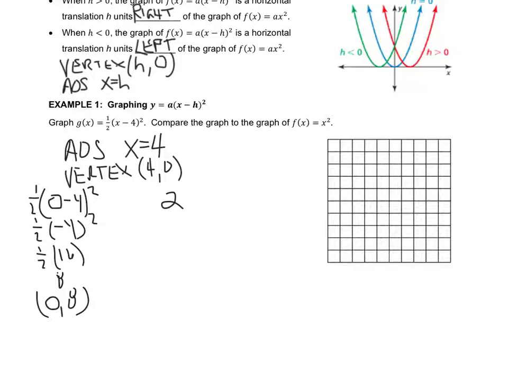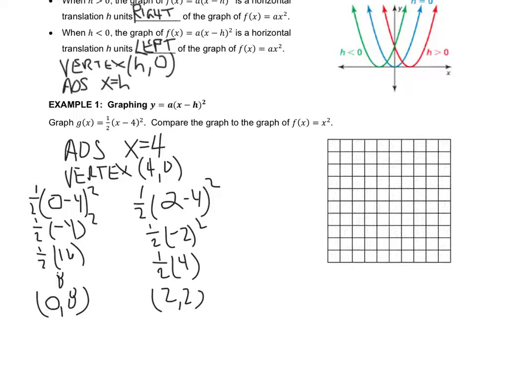Looking at the other side, when 2 goes in, I'm going to get 1/2 times negative 2 squared, which is 1/2 times 4, which is 2. So when 2 goes in, 2 comes out. So there's a second point.